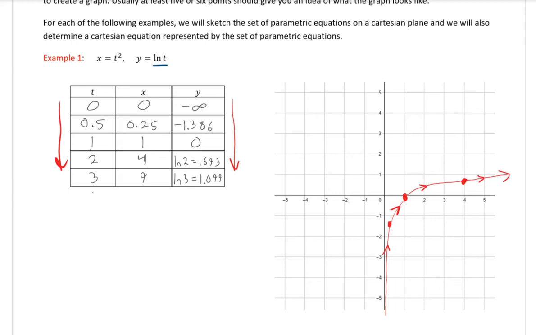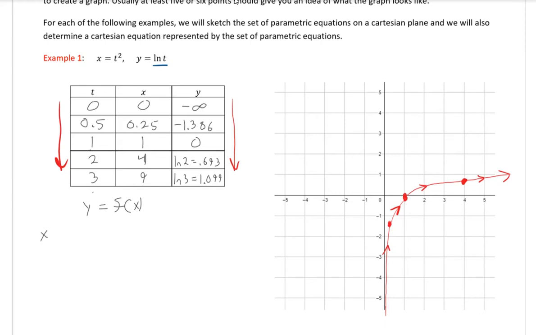Now, solving for this isn't too bad. We have the graph done, but now what we want to do is try to make this into a Cartesian equation. Again, our goal is going to be to try to make it into y equals f of x if possible. And thankfully, I can isolate t with the variable of x.